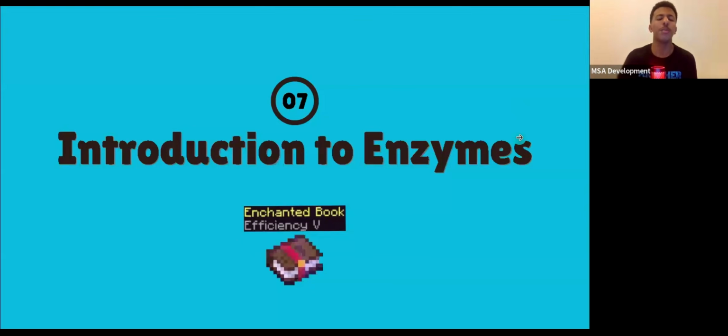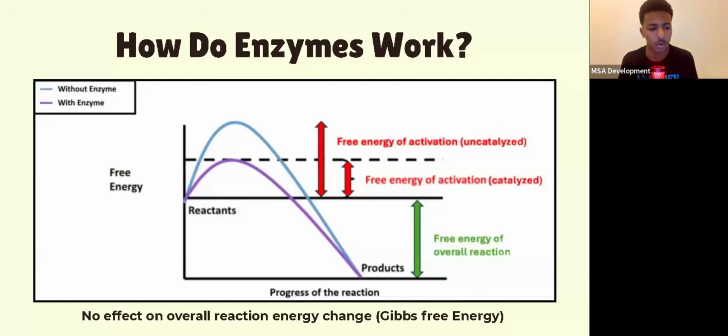Okay, let's continue. So, how do enzymes work? Enzymes are basically proteins which reduce the free energy of activation needed for a reaction to take place. And this is the free energy of activation. So the purple line is with the enzyme, and the blue line is without the enzyme.